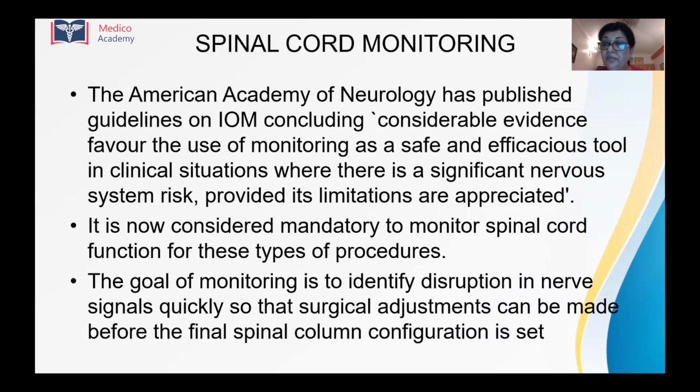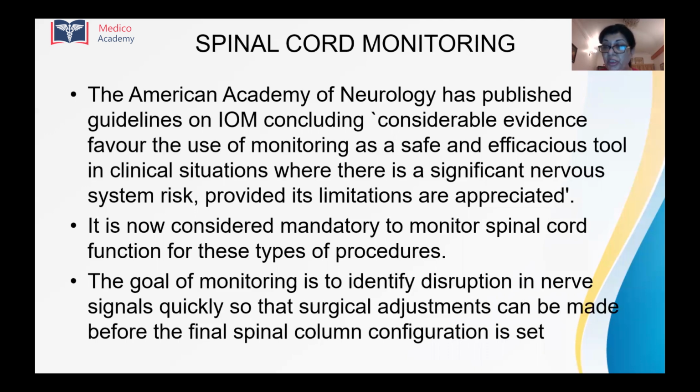Spinal cord monitoring. The American Academy of Neurology has published guidelines for intraoperative monitoring, concluding considerable evidence in favor of use of monitoring as a safe and efficacious tool in clinical situations where there is significant nervous system risk, provided its limitations are appreciated. It is now considered mandatory to monitor spinal cord function for these types of procedures.